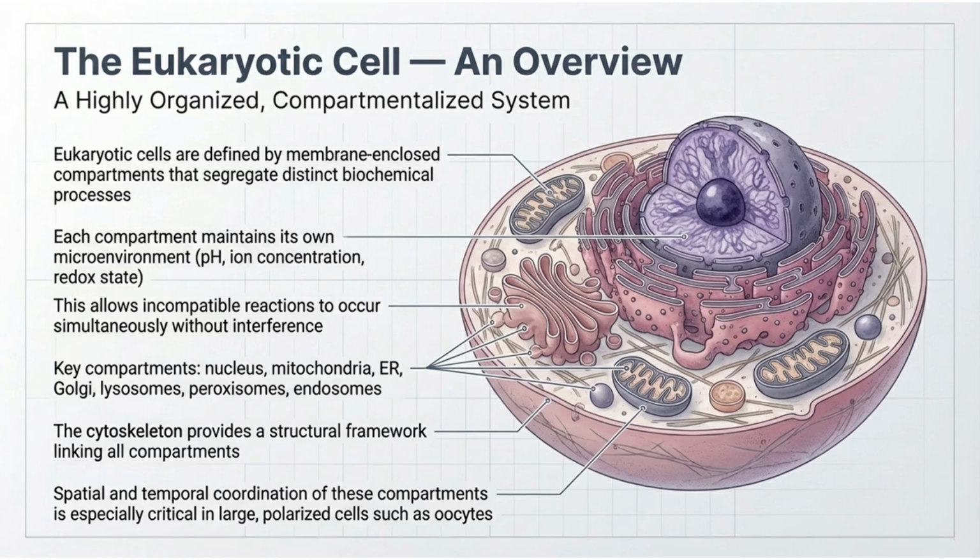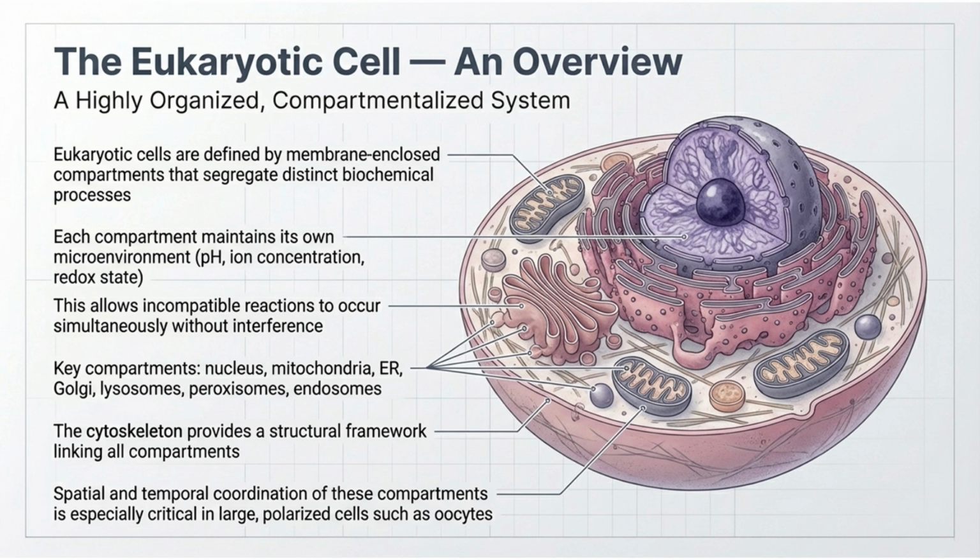Each compartment, the nucleus, mitochondria, endoplasmic reticulum, Golgi apparatus, lysosomes, peroxisomes, and endosomes, maintains its own distinct internal microenvironment. Different hydrogen ion concentrations, expressed as potential of hydrogen. Different ion concentrations. Different redox states. Different enzymatic repertoires. This is not incidental.